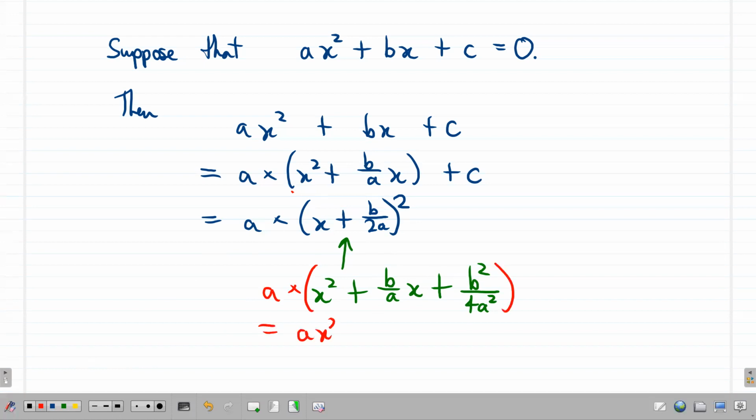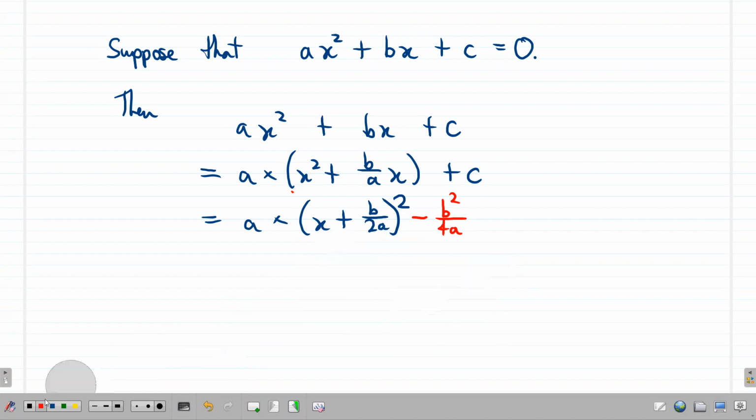I get ax squared plus bx. And then I get a divided by 4a squared. That gives me b squared over 4a on the end. So if I use this as my squared term, I need to subtract off this bit here, otherwise I won't get the correct right-hand side. So I have to take away b squared over 4a for this equation to make sense.